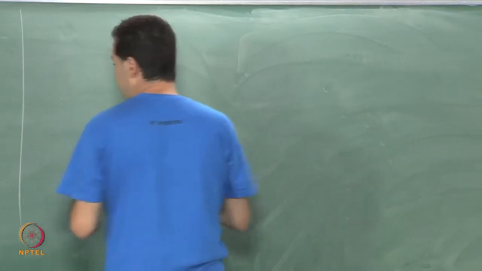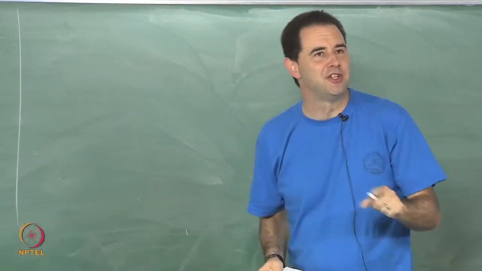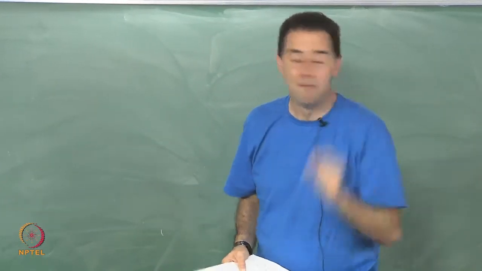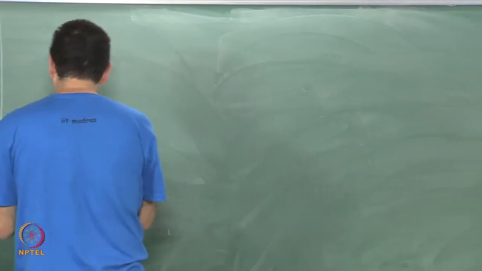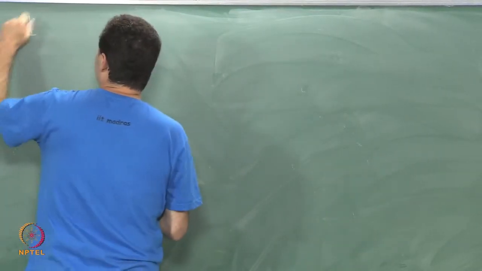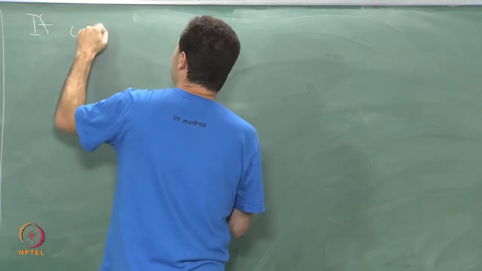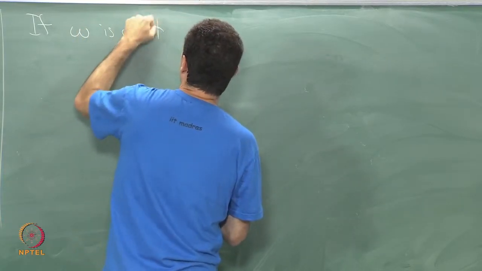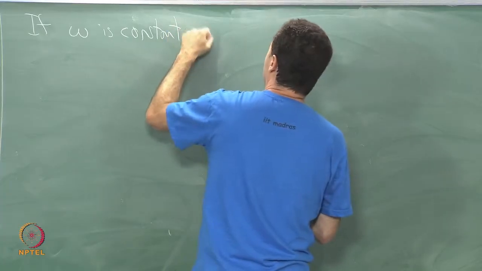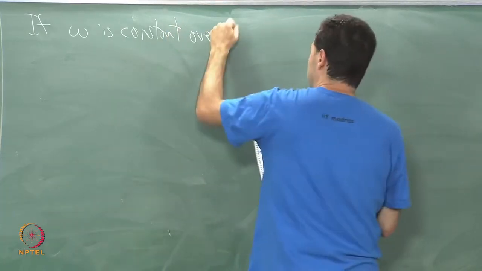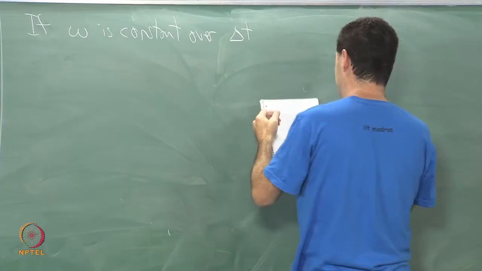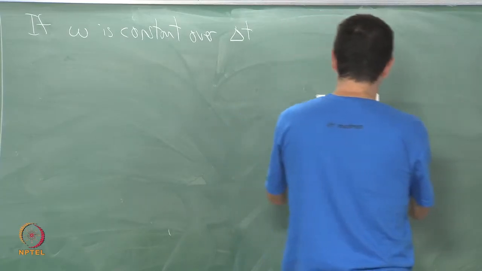So let's just assume for a bit that omega is constant over delta t. I don't want to allow omega to vary during 1 millisecond. So let's just assume that it's constant. Of course this is an approximation, but if omega is constant over delta t, then how much rotation has occurred?